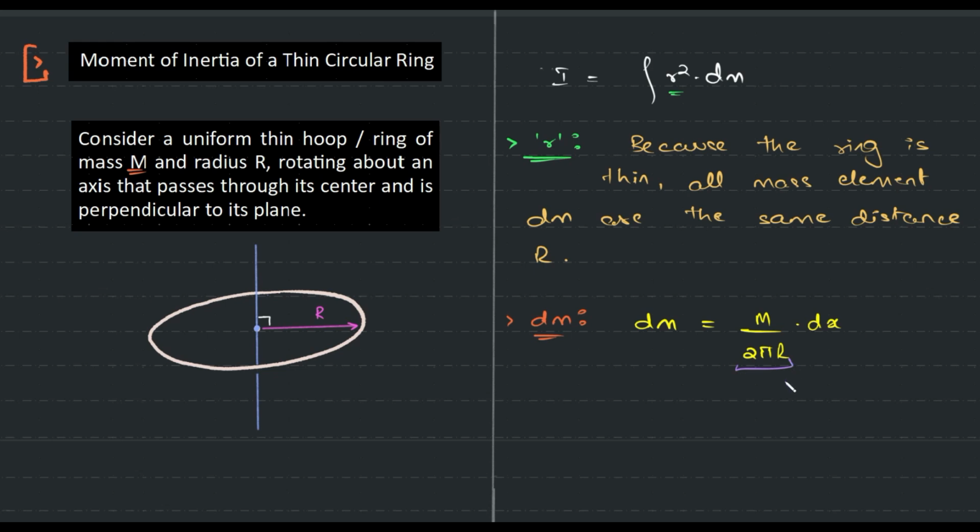So let me make it clear. dm is the mass of a small length dx of the ring.